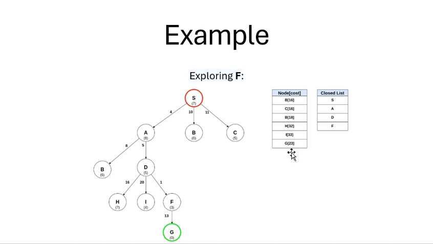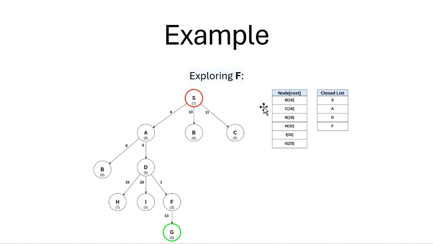As you can see, our destination point is reached, but the algorithm doesn't stop here. According to the algorithm, G, our destination point, must be part of the closed list in order for the algorithm to terminate. So we will keep on exploring.